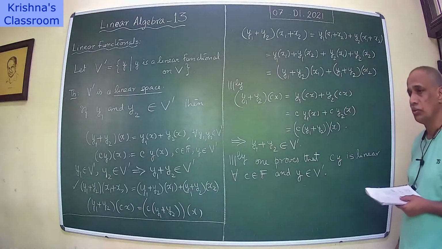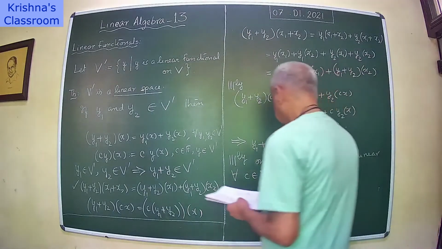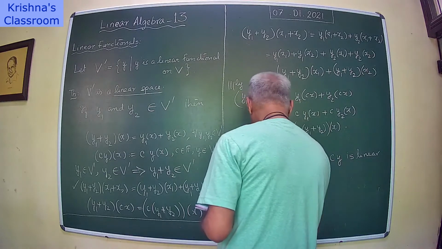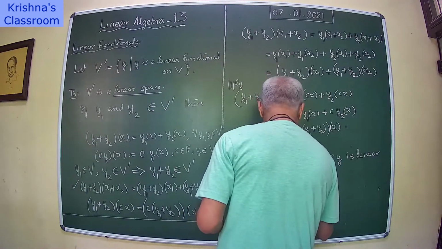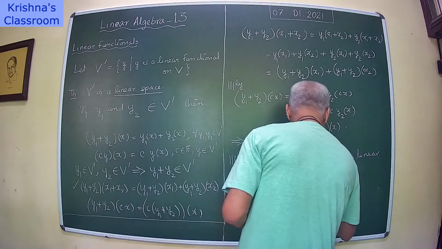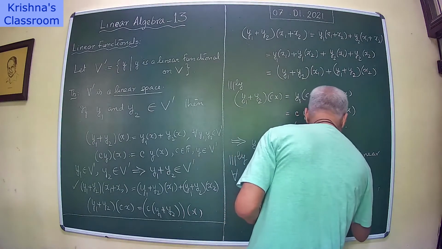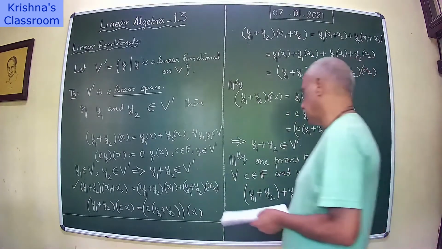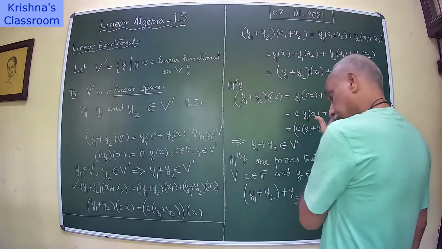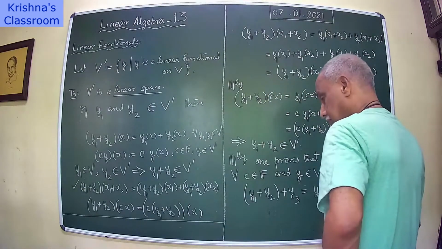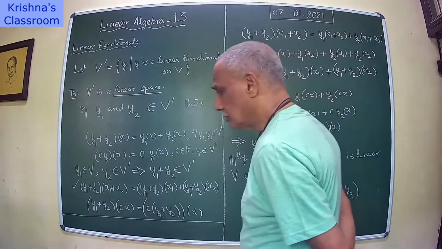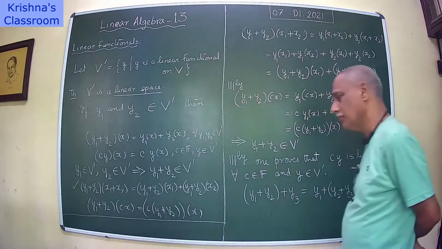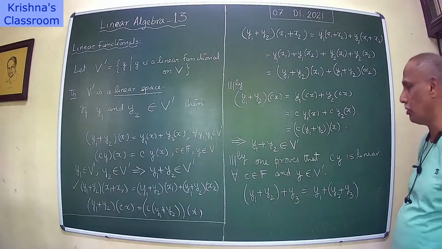What more do you have to show? You have to prove the following. y1 plus y2 plus y3 equal to y1 plus y2 plus y3. This is quite easy, because you know that y equal to z if and only if y of x equal to z of x for all x.